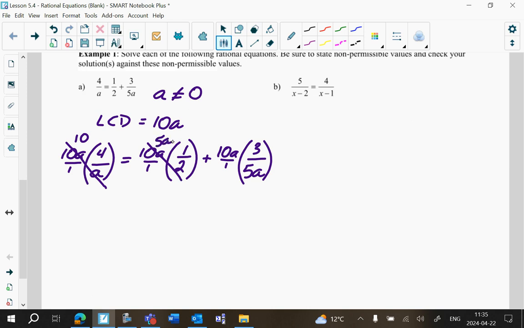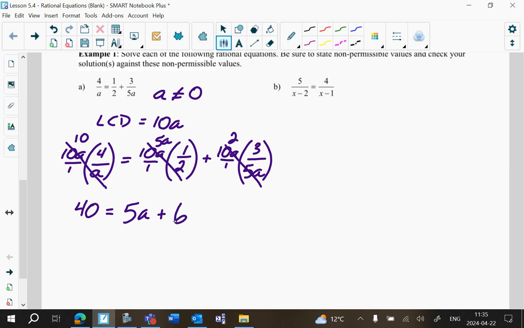Just 2. Notice all the denominators are gone. So we are left with 10 times 4, which is 40, equals 5A times 1, which is 5A, plus 2 times 3, which is 6. Just a regular looking equation.